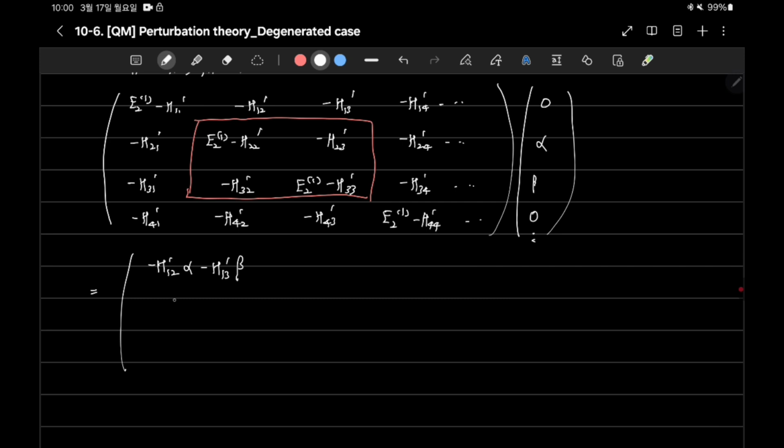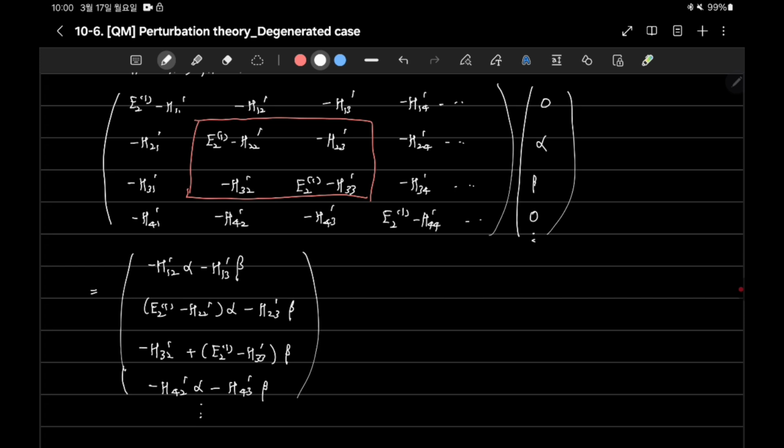Here 0 and E2 first order minus H22 prime alpha minus H23 prime beta, and also minus H32 prime alpha plus E2 first order minus H33 prime beta, and also minus H42 prime alpha minus H43 prime beta, like this.